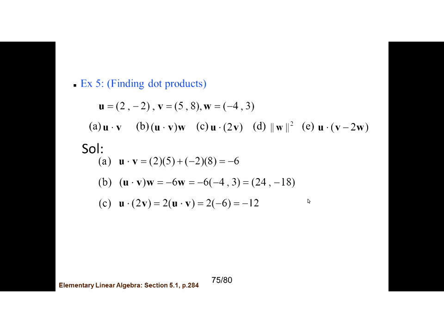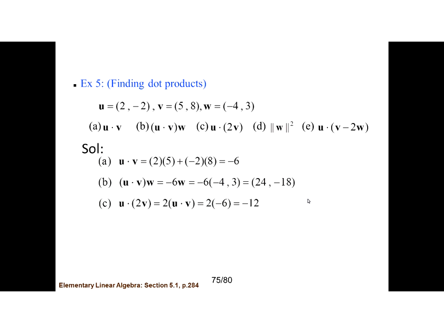So let us see. u dot 2v, and what he did, he took 2 outside and multiplied it. u dot 2v, it is also true. There is another method, he can do it like this, but in my method, if you multiply first 2v and then multiply with u, you will get the same answer. Minus 12 is the same answer. Just check.